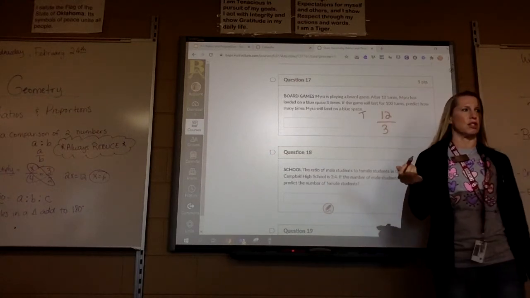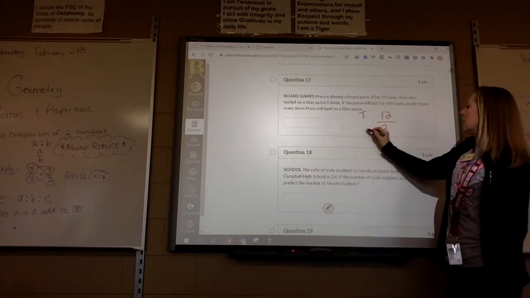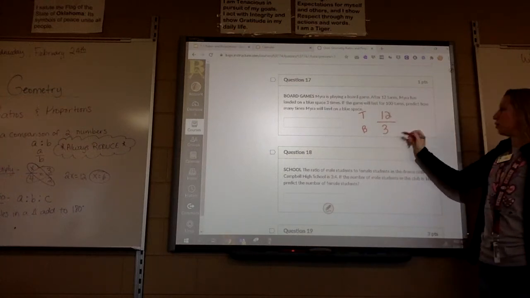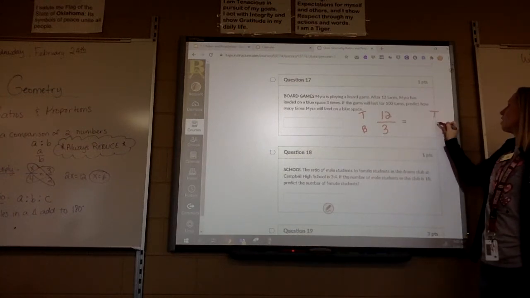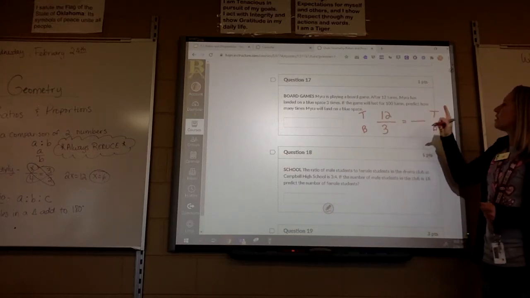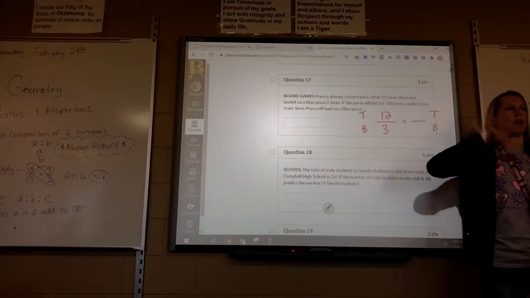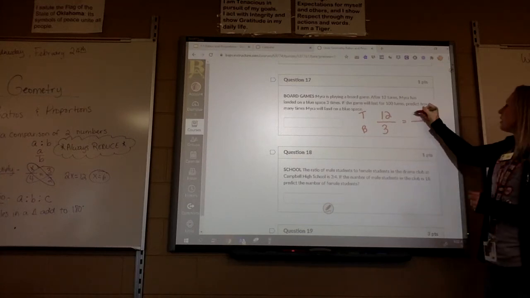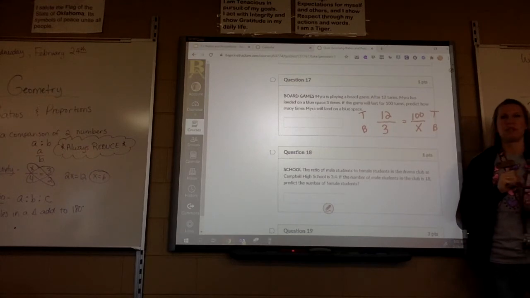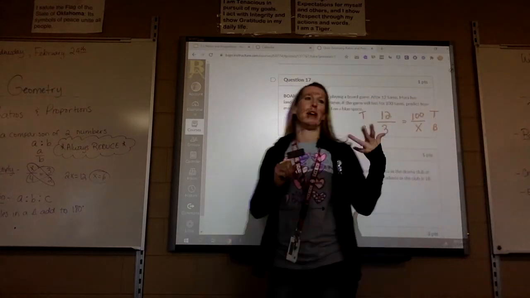I'll put T for turns. And 3 is my times that I land on the blue space. So if I have turns on top and blue space on bottom, I have to put turns on top and blue space on the bottom again. If the game lasts 100 turns, will 100 go on top or bottom? Top. You just have to make sure you put it the same way each time.